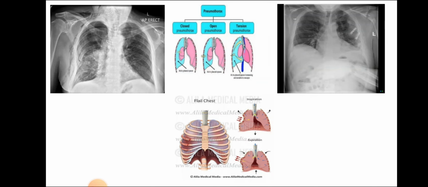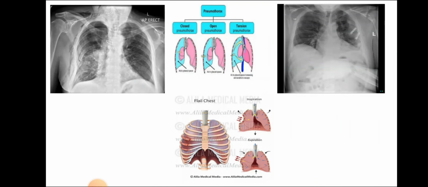Flail chest is an injury that occurs typically following a blunt trauma to the chest. When three or more ribs in a row have multiple fractures within each rib, it can cause a part of your chest wall to become separated from the rest of your chest wall.